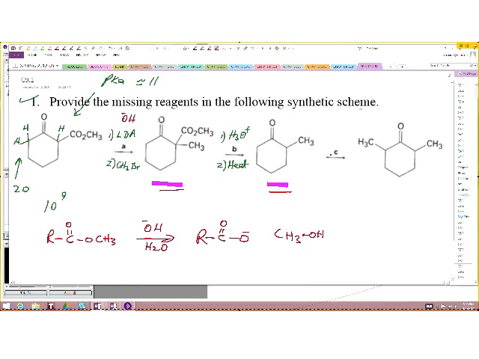Next step, we are going from this compound here to here. At this point, we want to form a new carbon-carbon bond, another alkylation. So what do we need to do here? LDA, very good. Step 1. Now, why do you want to use LDA and not hydroxide?